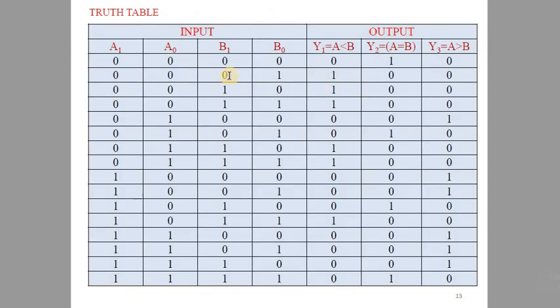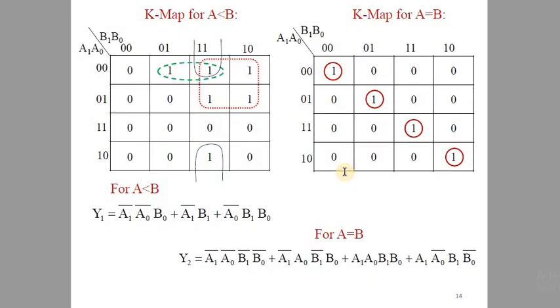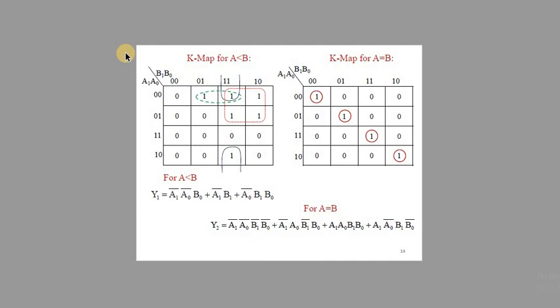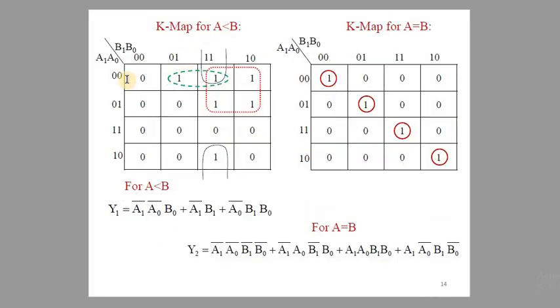For 0 0 0 1, there is 1. For 0 0 1 0, there is 1. For 0 0 1 1, there is 1. Whatever is given, up to 1 1 1 1, we put into the K-map pattern. We know this is the K-map pattern A1 A0 B1 B0. 0 0, 0 1, 1 1, 1 0 is the gray code pattern for A1 A0, and this is also the gray code pattern for B1 B0.